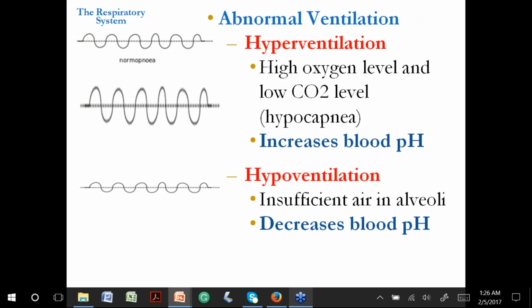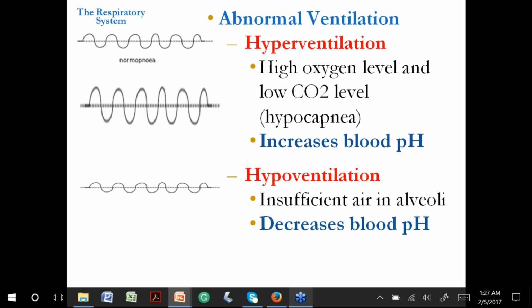So that means acidosis. And now if you are hyperventilating, what happens is you are sweeping out all the carbon dioxide from the body into the environment. So you have low levels of carbon dioxide, making your blood the opposite, with fewer hydrogens. Less carbon dioxide, fewer hydrogens.